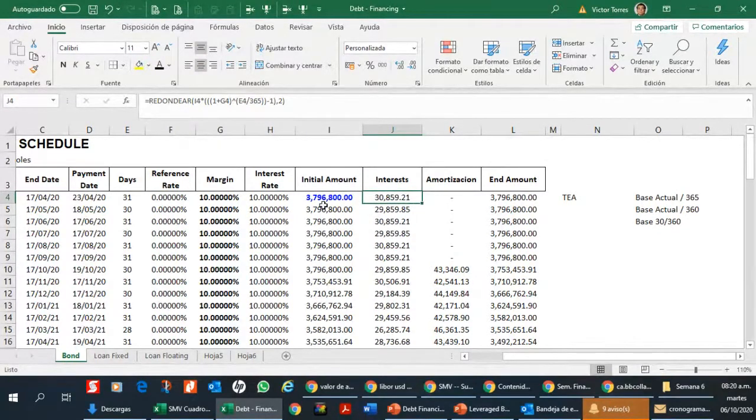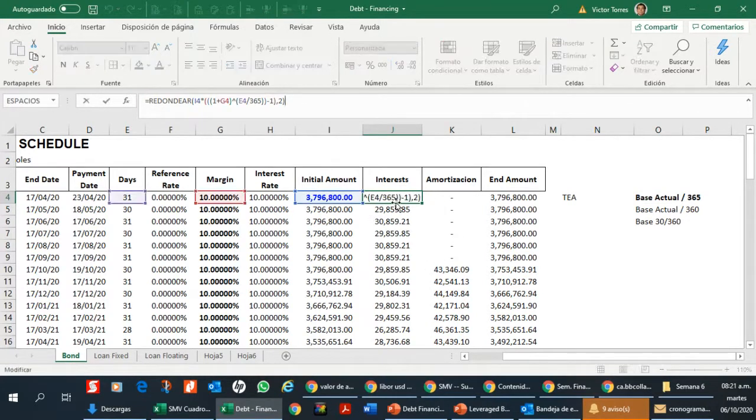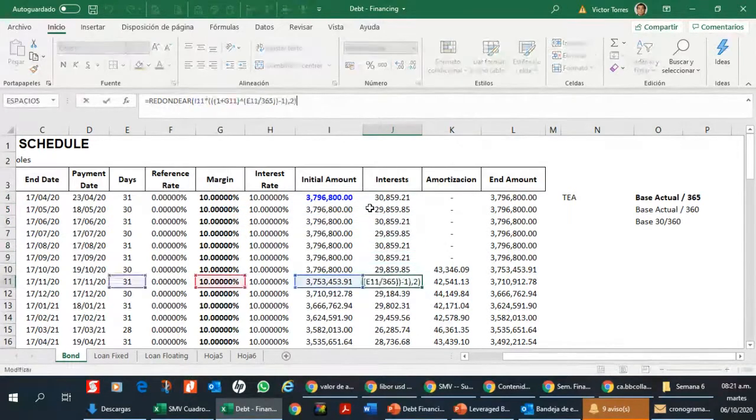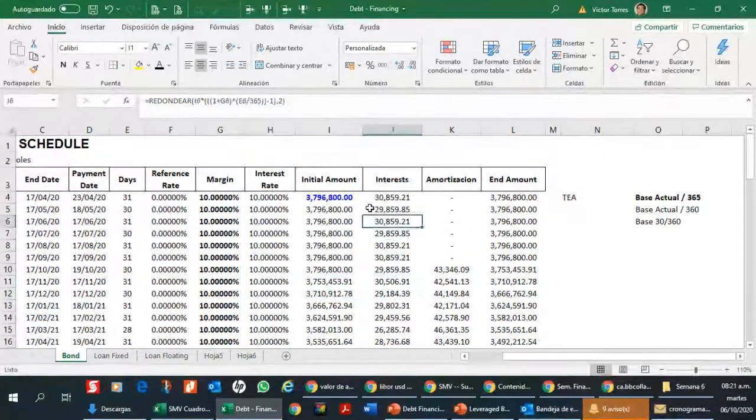So what we are having here, as I'm saying, is this calculation using tasa efectiva anual as part of the structure, and I'm using actual over 365, as I was mentioning, as part of the calculation here. That's nothing new on the formula, as you can realize, just applying that same formula to the initial amount, and after the first amortization reduction on principal, you apply it to what is left, right? There's nothing complicated on that.